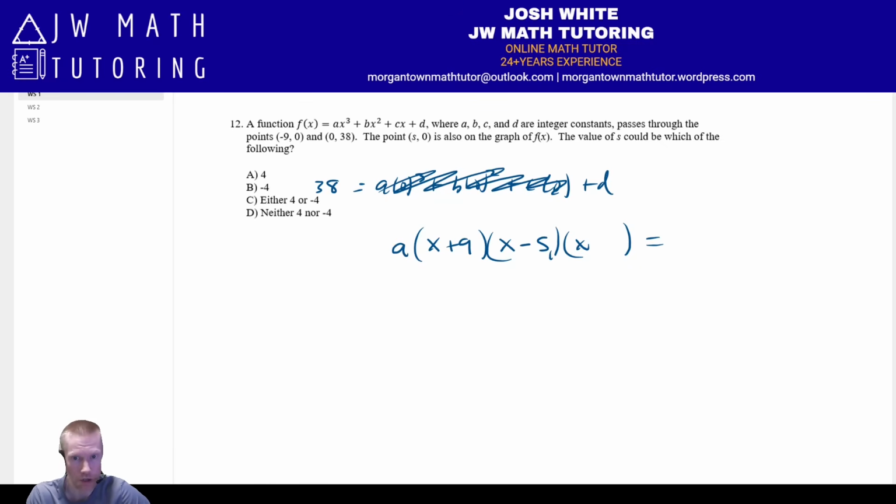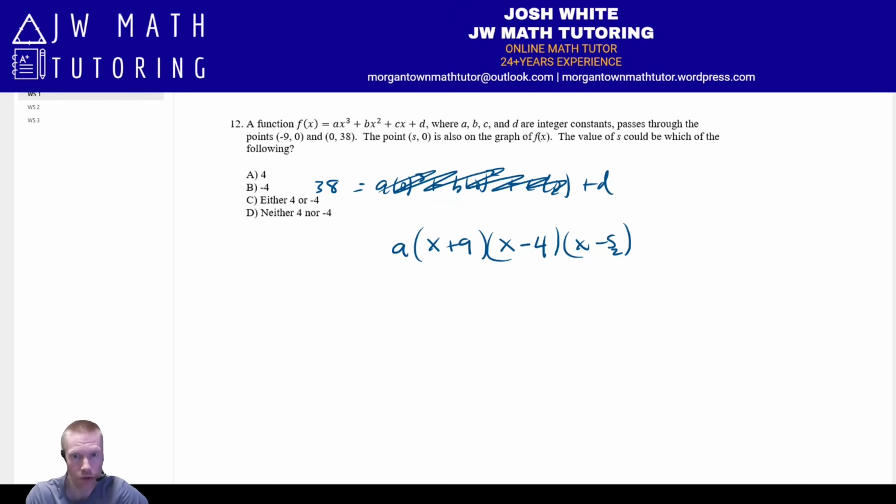I'm just going to call them S1 and S2 for right now, just to differentiate them from S. So the point is, could you put 4 in for one of these, or could you put -4 in? Okay, if I put in 4, here's basically the way to reason your way through this to solve it.